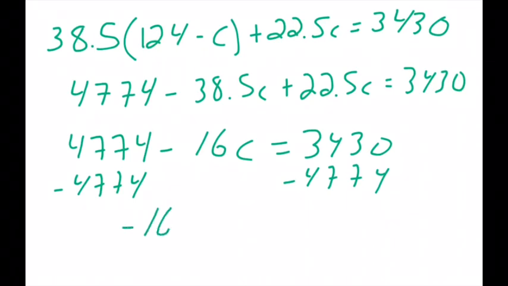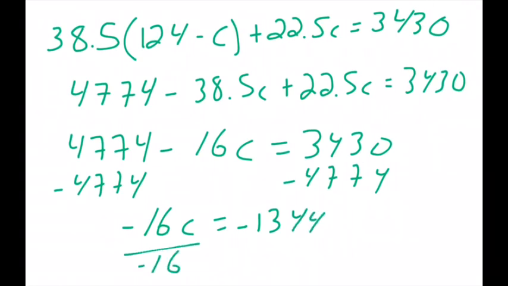So we have negative 16c equals negative 1344. Divide both sides by negative 16, and c equals 84. So there are 84 collapsible bags in that order.